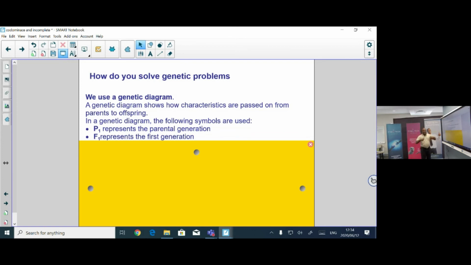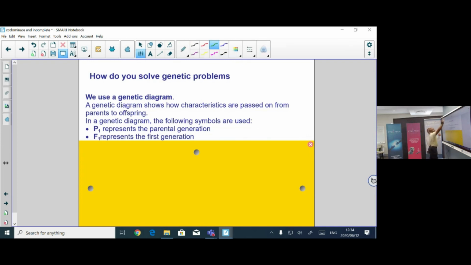Remember, we said geneticists use alphabetical symbols to represent alleles. We also use symbols to denote our genetic diagram.